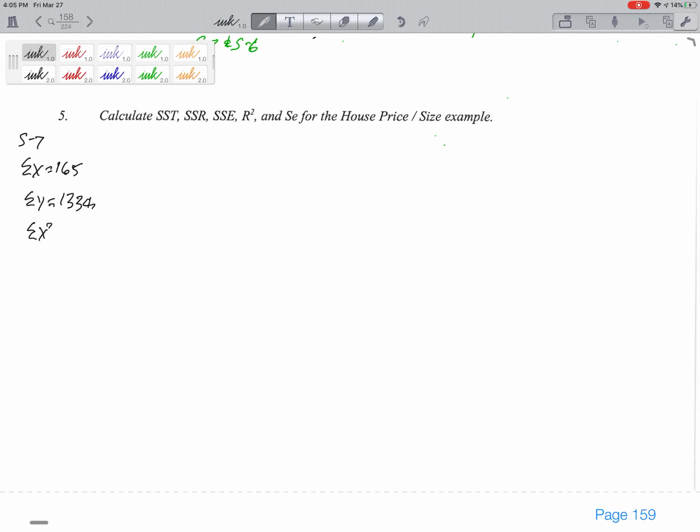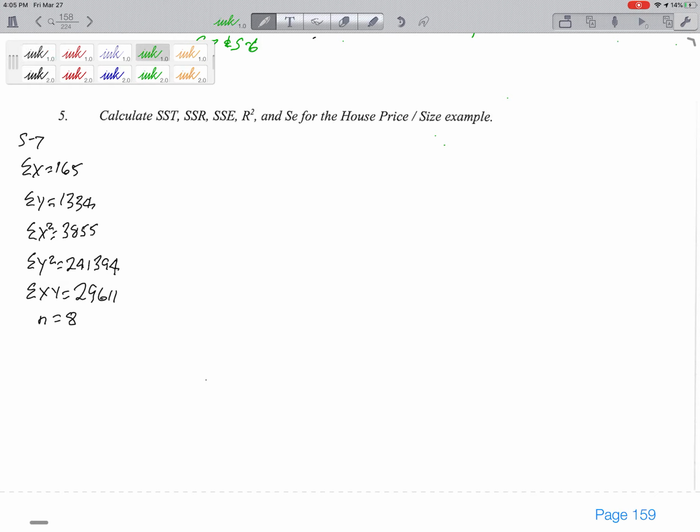Sum of the x squared values is 3855. Sum of the y squared values is 241,394. The sum of the xy's is 29,611, and the n was 8. 8 houses, each with a size and a price.